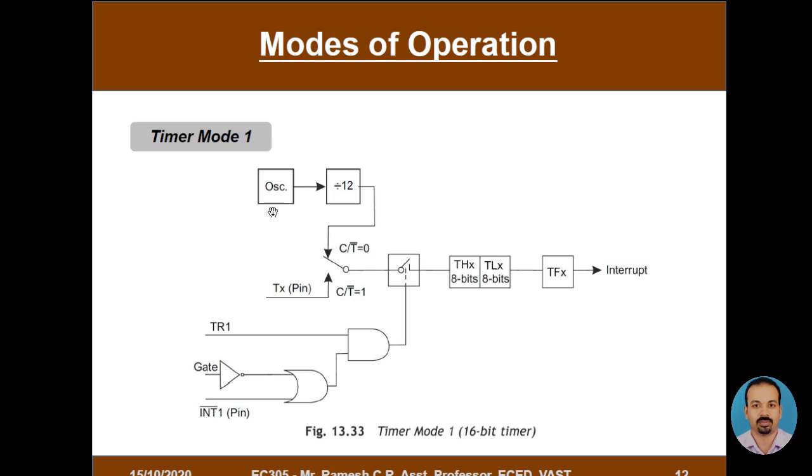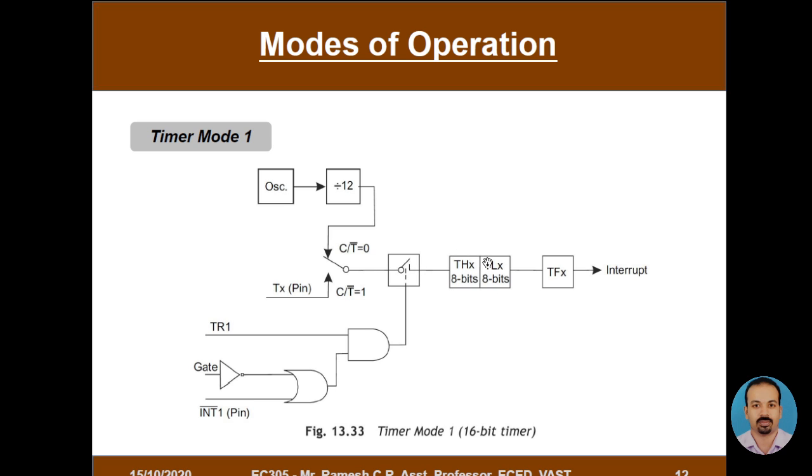Basically, based upon the C bar T bar signal, the timer can act as either a timer or a counter module. Based on the gate value, the signal from the external source, that is through the interrupt pin, or the timer start signal TR1, will reach the counter register.